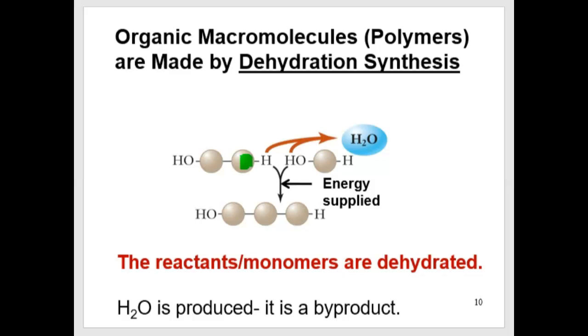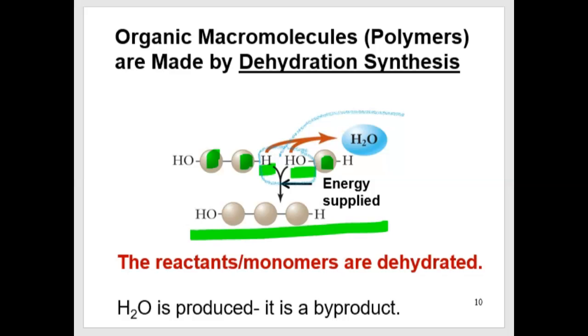Here's one subunit, here's another, and there's a hydrogen on the end of it. This is my third subunit, which has an OH or hydroxyl attached to it. This is my water right here that comes off of the reactants. And now the product is dehydrated, if you will.